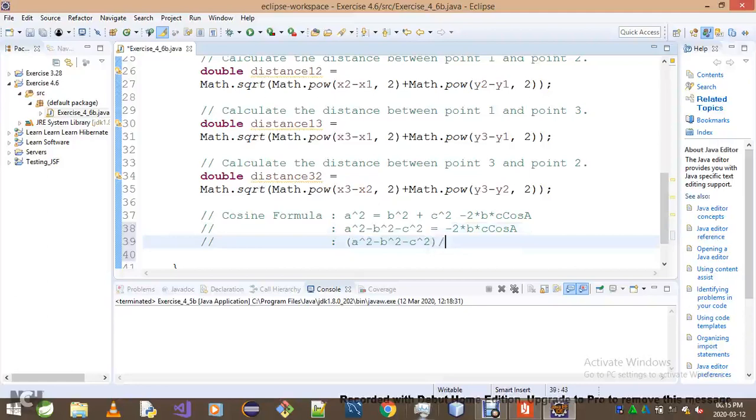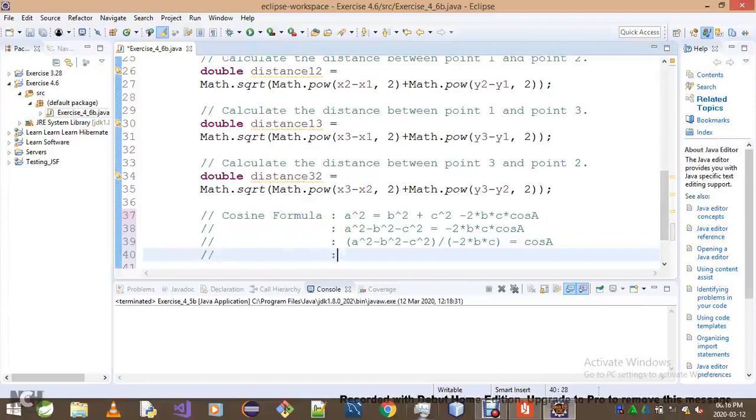It's going to be that divided by minus 2 multiplied by b, small letter b, multiplied by small letter c. Okay, and then on the right hand side, I'll be left with cos A. I don't know why I decided to make this a capital letter. Or perhaps I should put a multiplication here. Okay, so this is my formula so far, right?